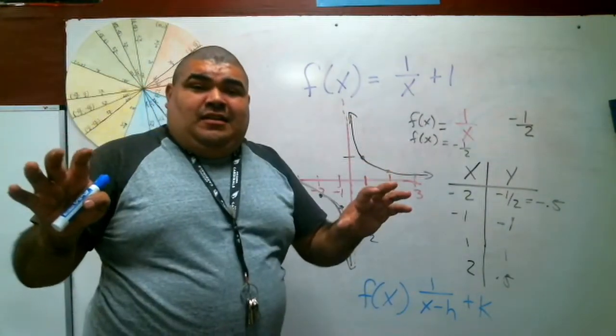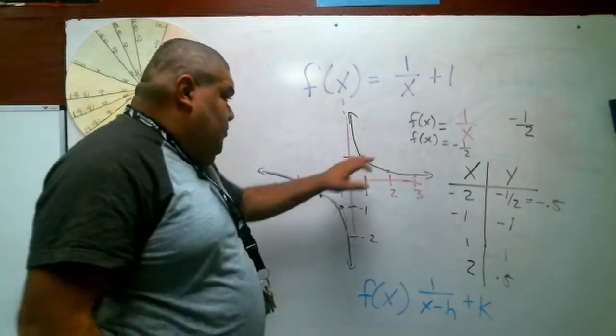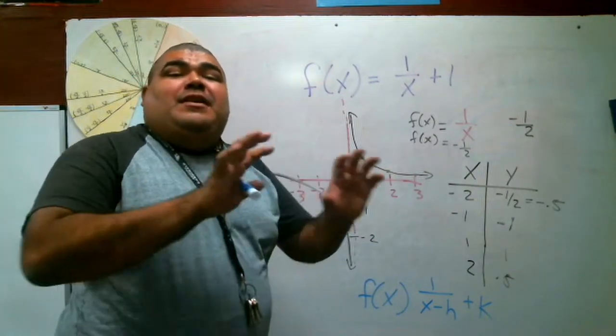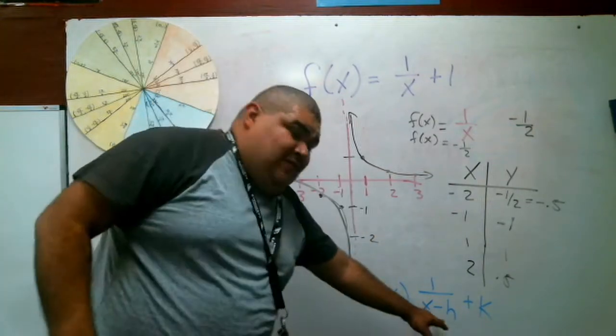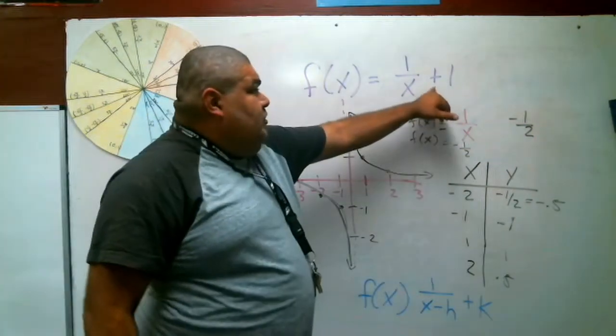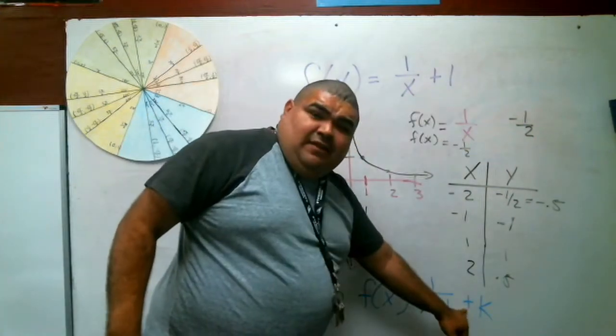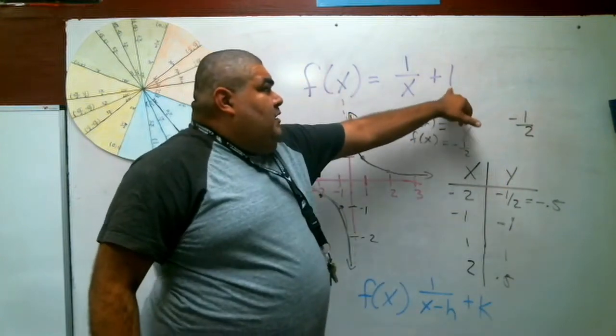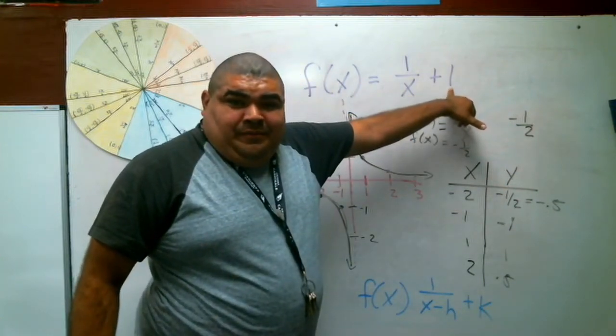So the line, or the lines should I say, because there's 2, didn't move left or right because there was no shift for h. But we did have a k, which in this case is, since it's positive and the equation is positive, we only need the 1. Okay?